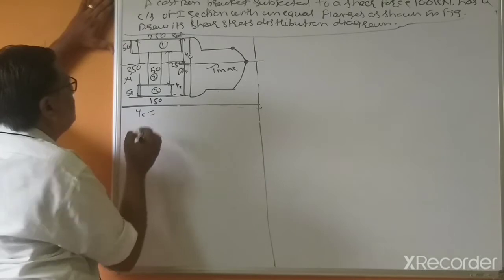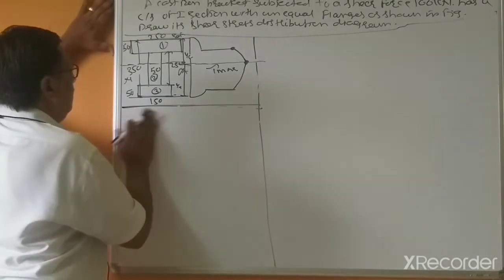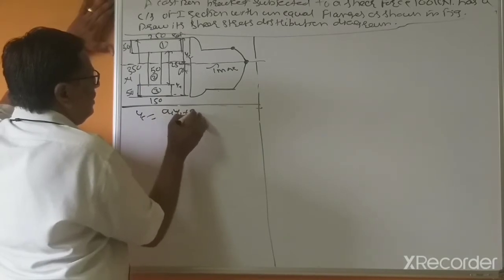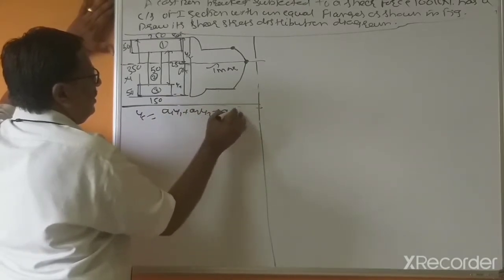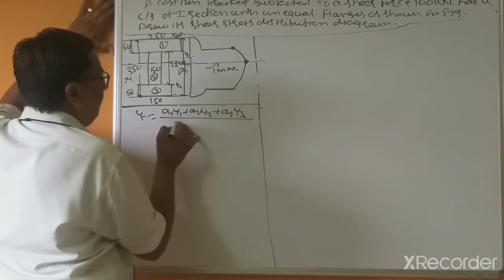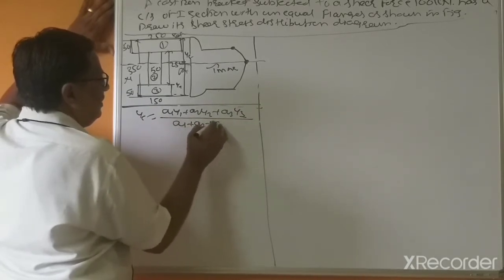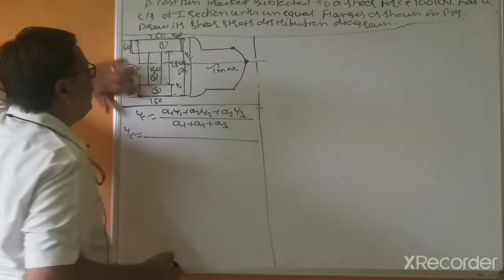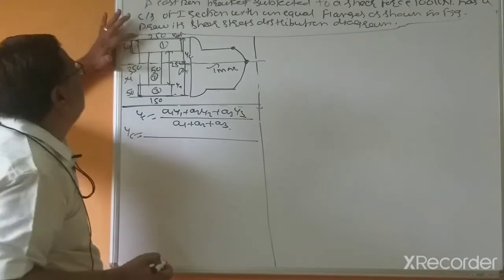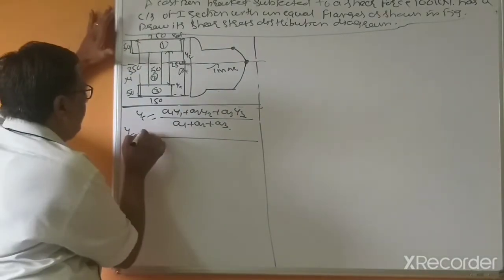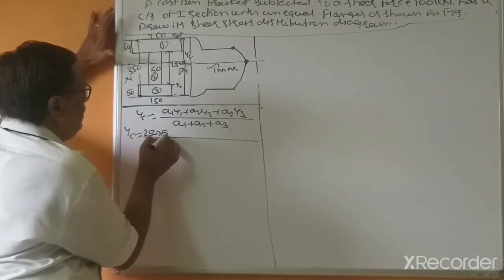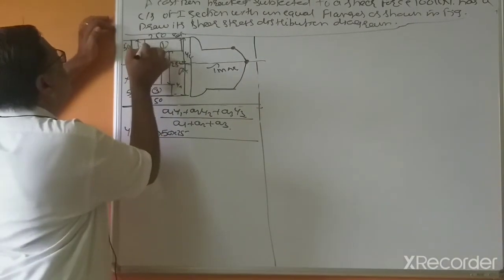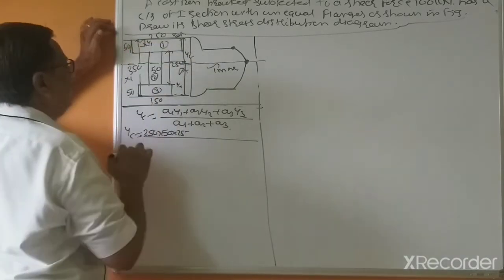So YC equal to A1 Y1 plus A2 Y2 plus A3 Y3 divided by A1 plus A2 plus A3. So area of the first component is 250 into 50. Y1 is 25, so this distance is Y1.